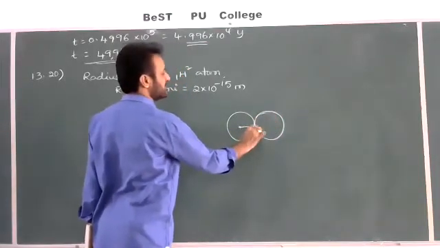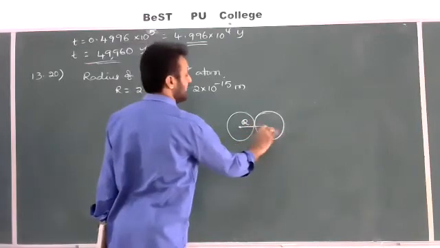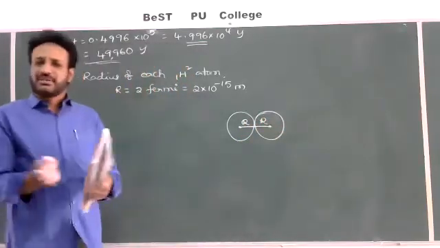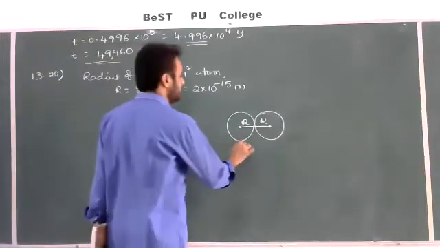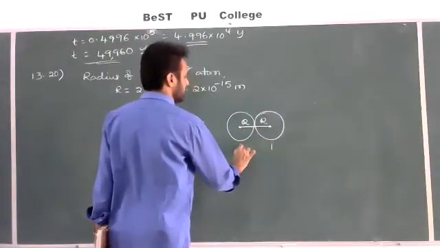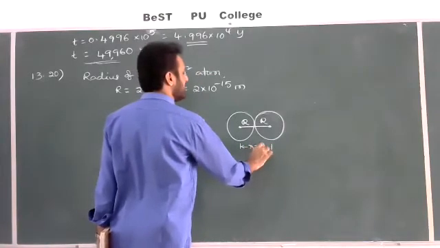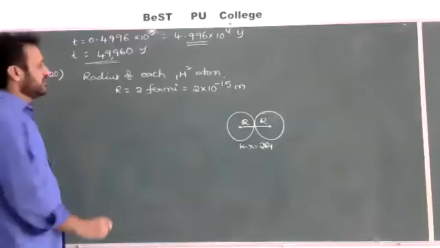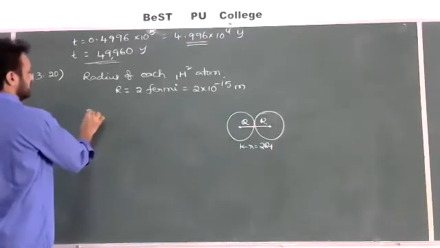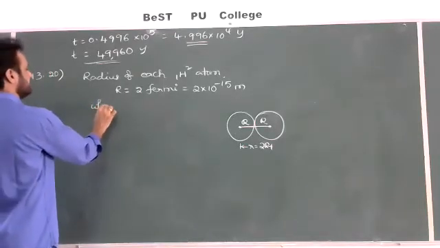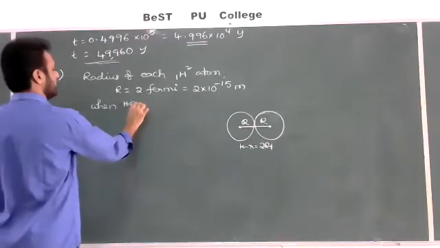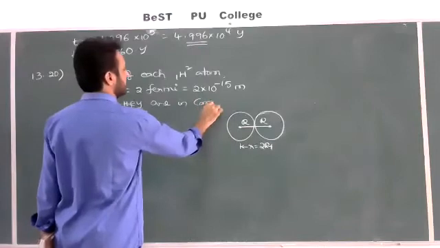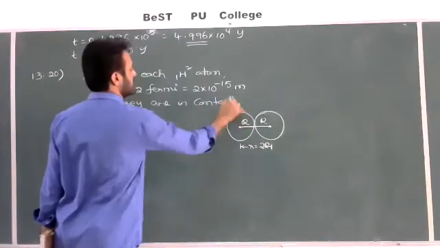The radius of the first one is equal to R, and the radius of the second one is also equal to R. Whenever both touch each other, what is the total distance between these two? Total distance small r is equal to R plus R. At the time of the collision, both are in contact.